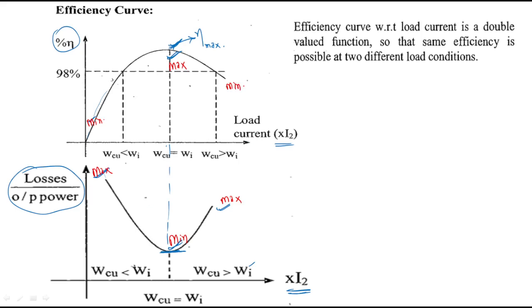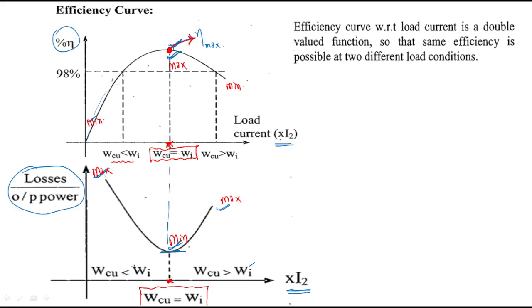Then how can we get these observations? At this instant, copper loss component should be equal to iron loss component. At this point only, we get the maximum efficiency.